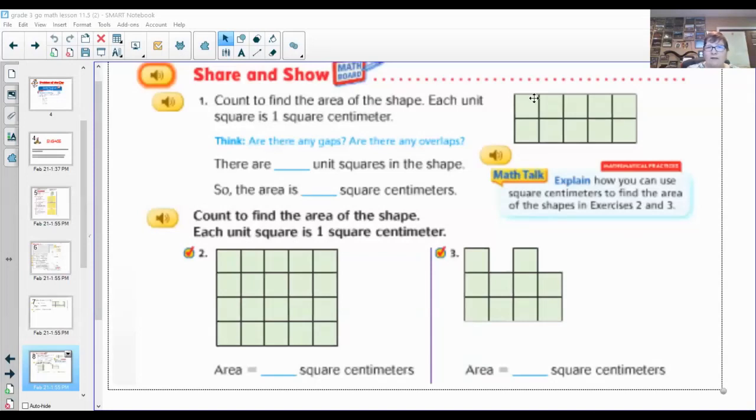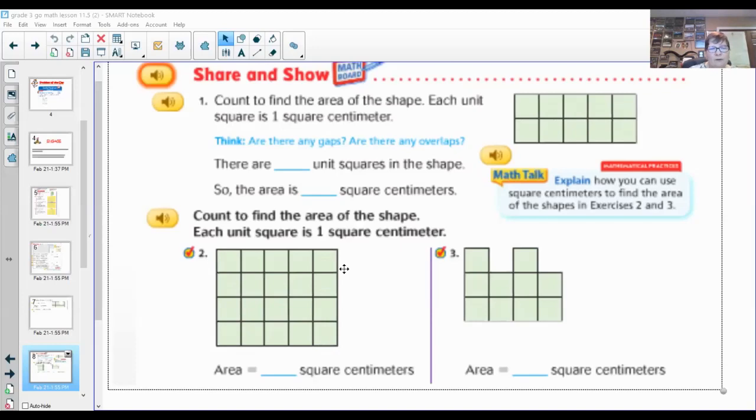You can count 5, 10. So this area is 10 square centimeters because it tells you right here they are square centimeters. In this unit, it's also 5, so you can count by 5s, 5, 10, 15, 20. So this would be 20 square centimeters.